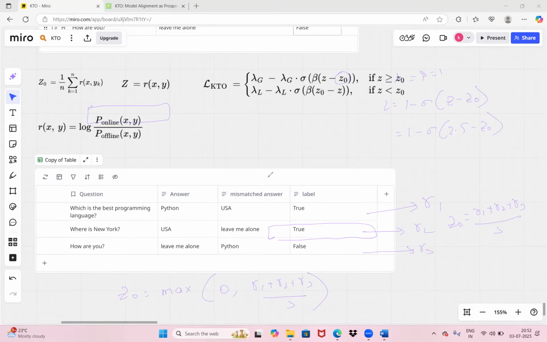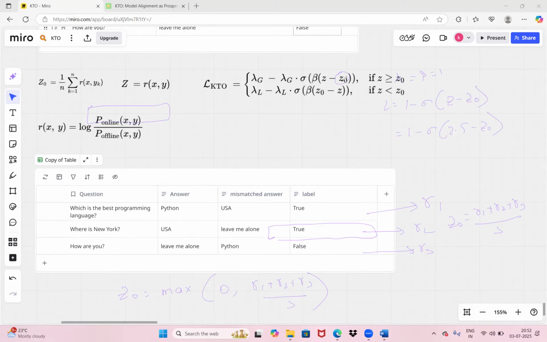So this is not correct. That is the reason we clip this to zero. Even when the model becomes intelligent, when my average reward value will be very, very less, let's say it's negative, that's the reason we clip it to zero. So that if we get a not so great answer in future, if we want to reduce our loss, my z value should be above z naught.